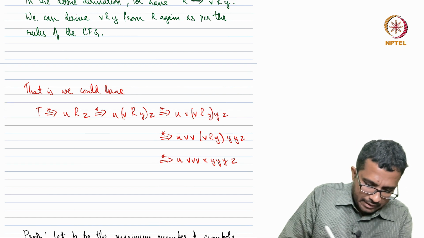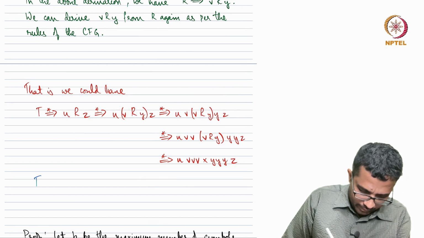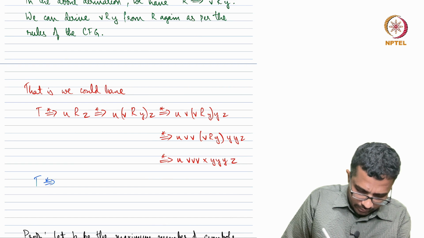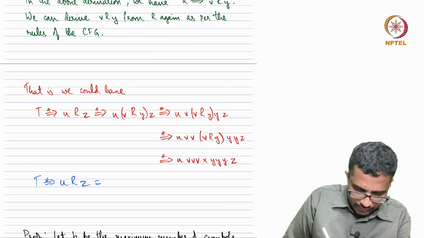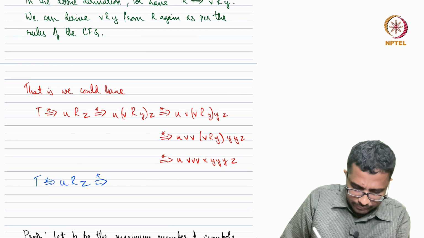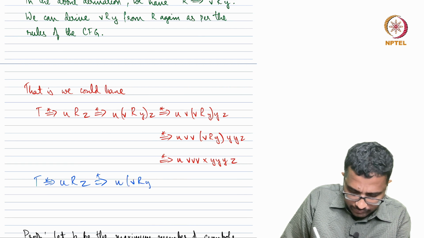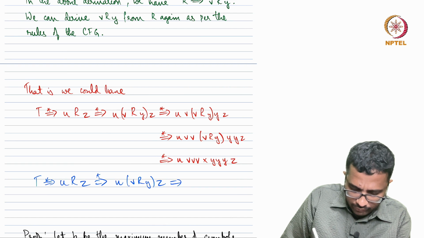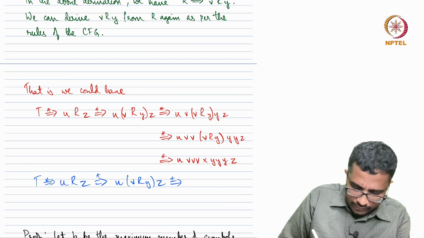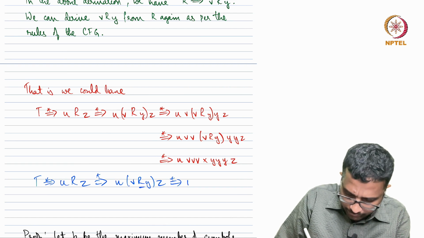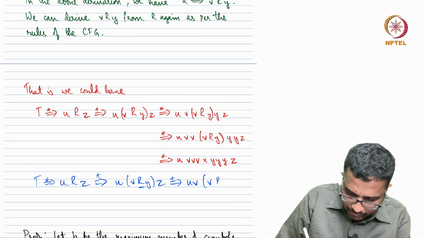Or I may be able to get something like, let's say, T gives URZ. Instead of R I can put VRY, and instead of this underlined R, I get VRY again.